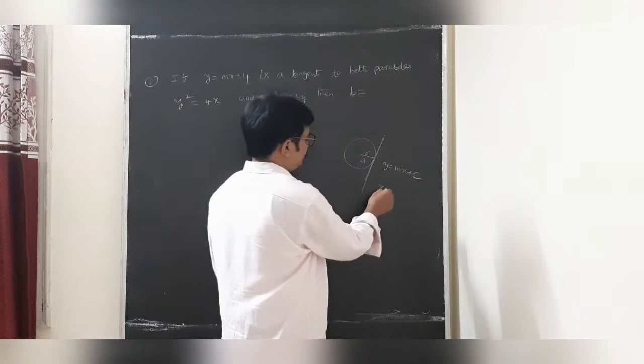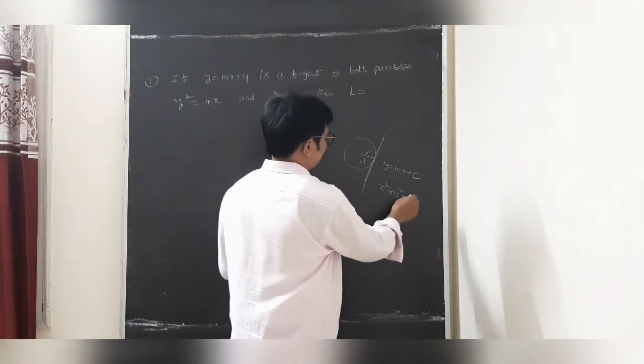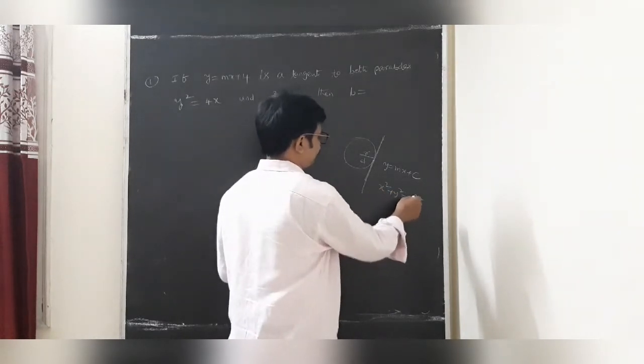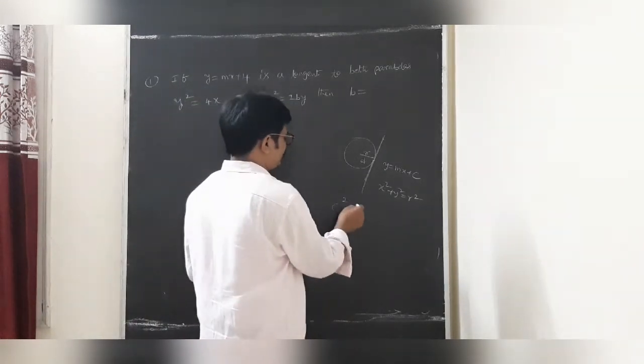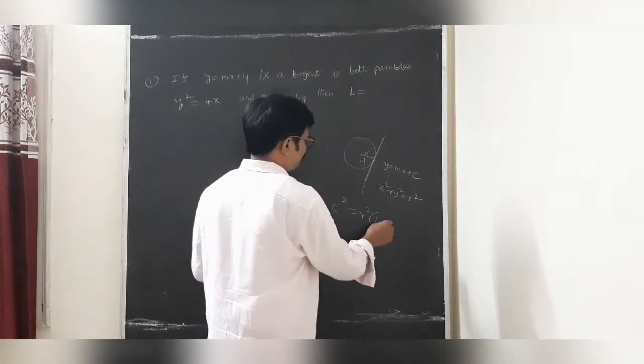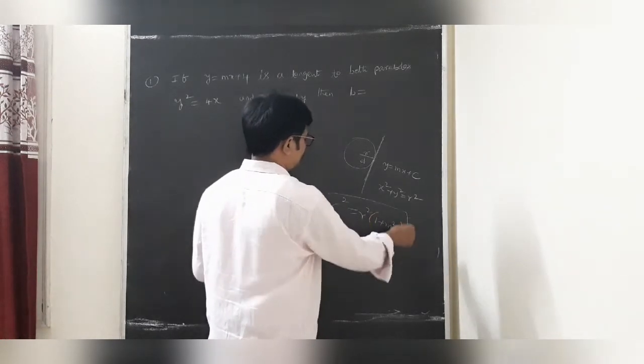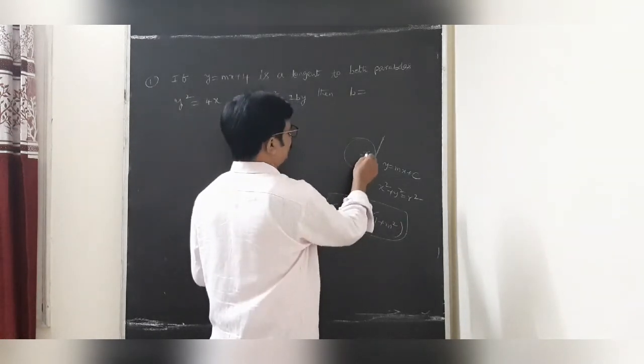If the line y equal to mx plus c is a tangent to the circle x square plus y square equal to r square, undoubtedly students, we get c square equal to r square into 1 plus m square. This is from r equal to d.